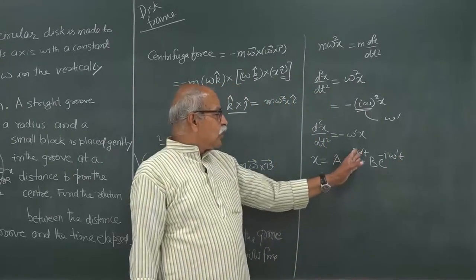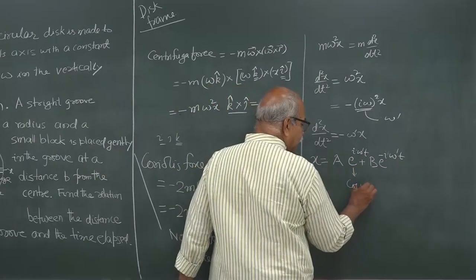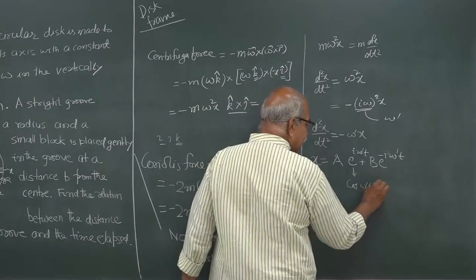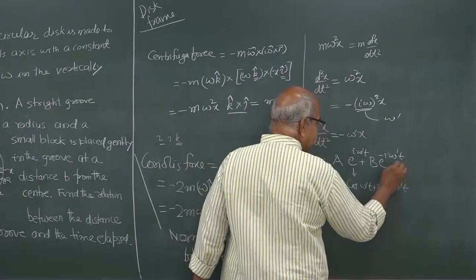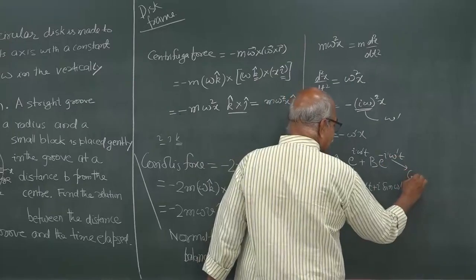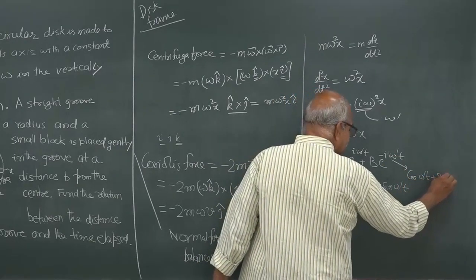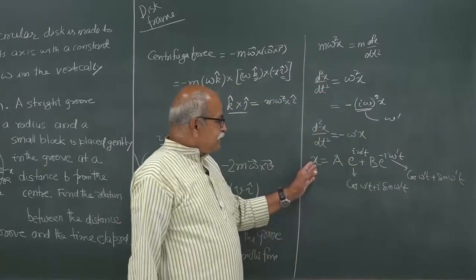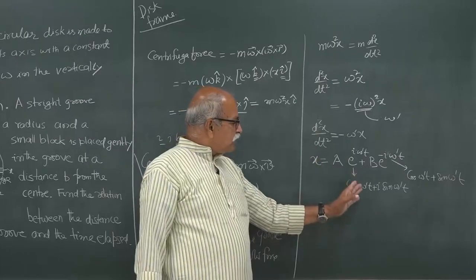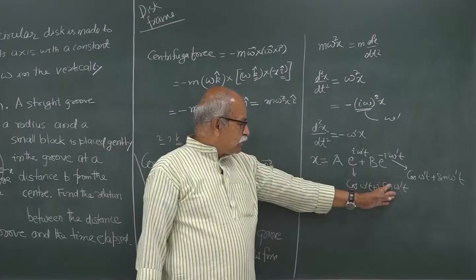If you write in cos and sine, you can do that. This quantity is cos of omega prime t plus i times sine of omega prime t, and similarly this quantity is cos of omega prime t minus i sine of omega prime t. So you can write it in the familiar cos omega prime t and sine omega prime t also.